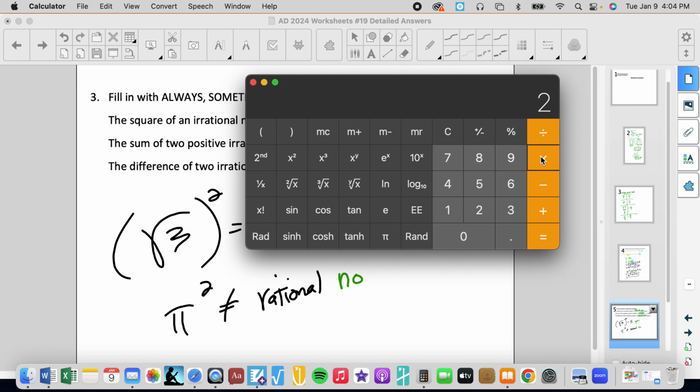I messed it up, sorry. If I do 2 times the square root of 3, that's going to be 3.46. And if I subtract the square root of 3, we got the square root of 3.